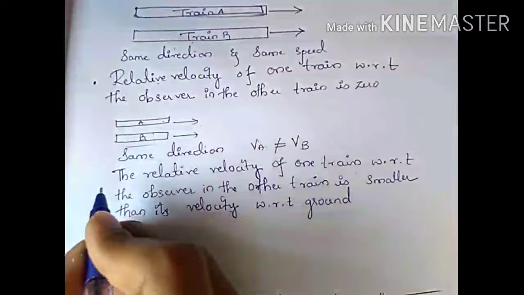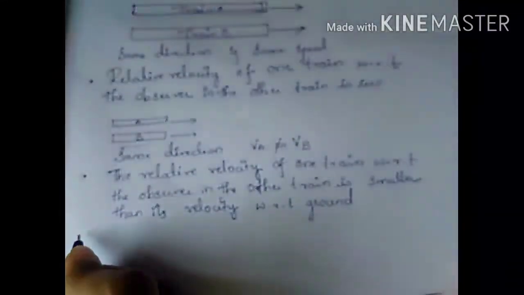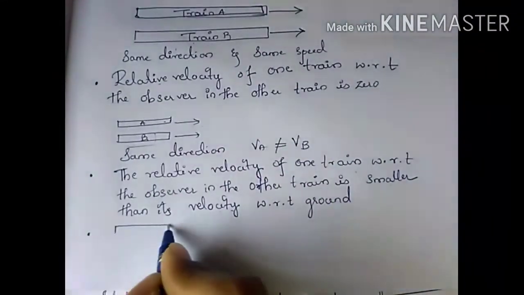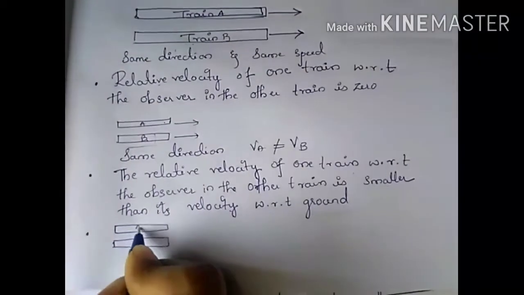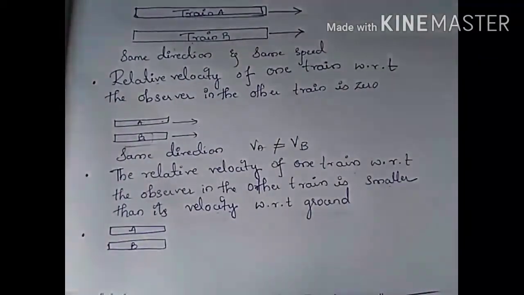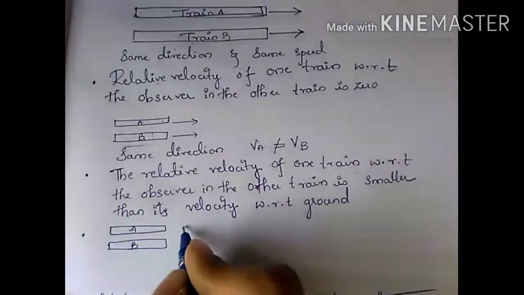So now let's suppose there is another point. Again there are two trains, train A and train B. In this case, these two trains are moving in opposite direction.